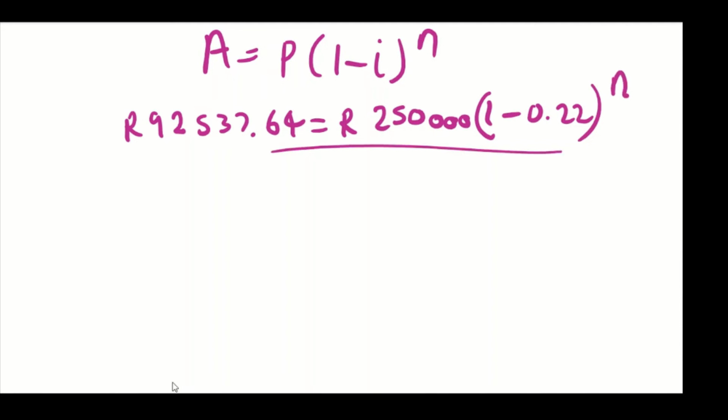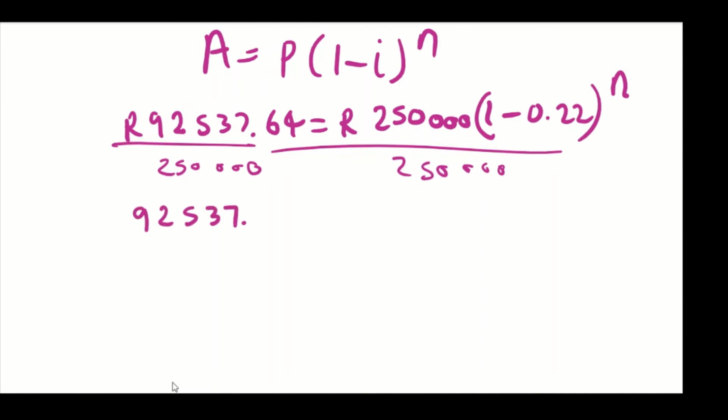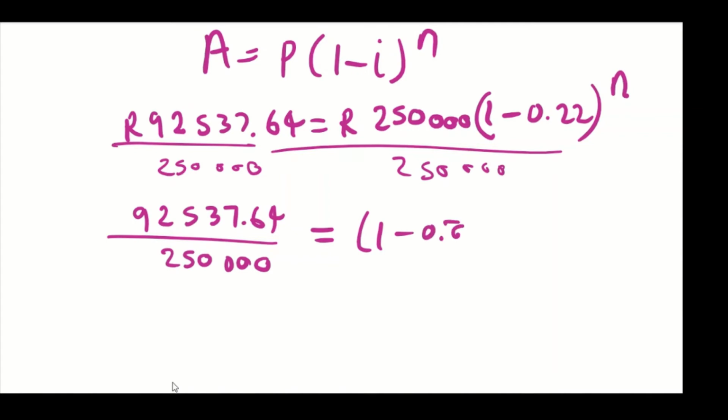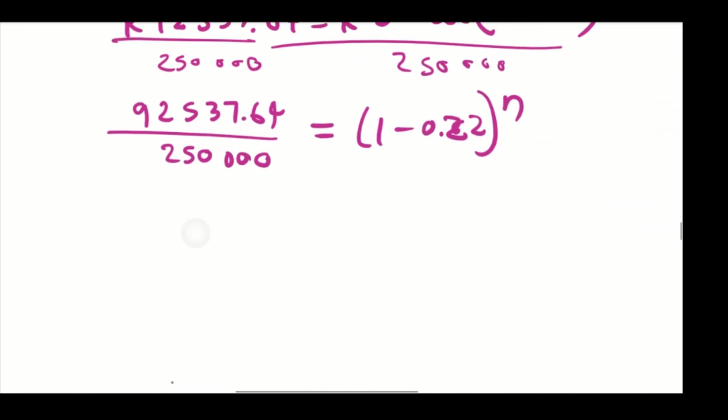So we're just going to divide both sides by 250,000, right? And you'll have 92537.64 over 250,000 is equal to 1 minus 0.22 to the power of n. We are looking for n, so we can use logs to solve this.